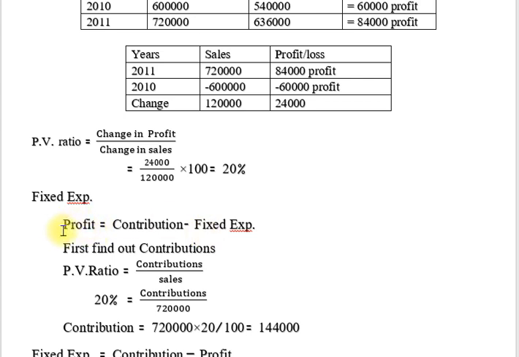Here the profit is available in our example, contribution and fixed expense are missing, so we use our PV ratio equation and find out our contribution. PV ratio is equal to contribution upon sales. We found PV ratio in our above step, so we note down 20% is equal to contribution, which we want to find out, upon the sales of 2011.